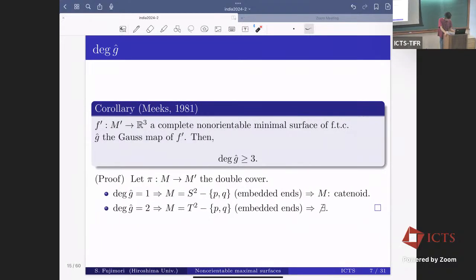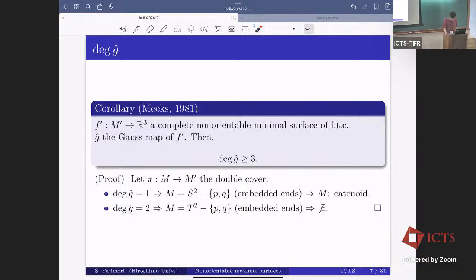If the degree is 1, then by applying the Osserman inequality, it should have embedded ends, so M is the catenoid. If the degree is 2, then the double cover should be a torus minus 2 points with embedded ends, so it should be the genus 1 catenoid, but it is known that the genus 1 catenoid does not exist as a minimal surface.